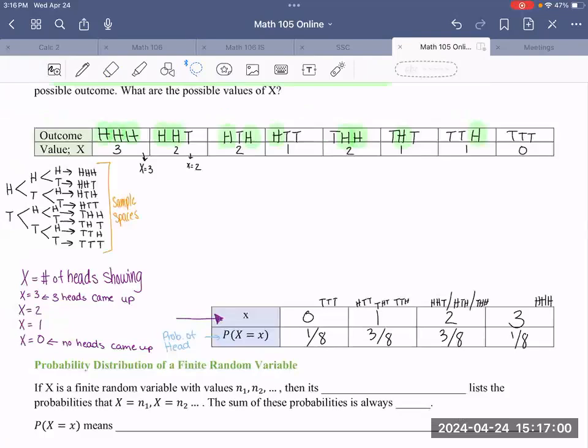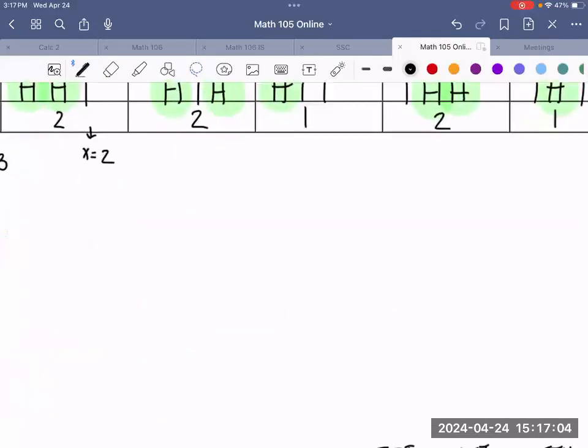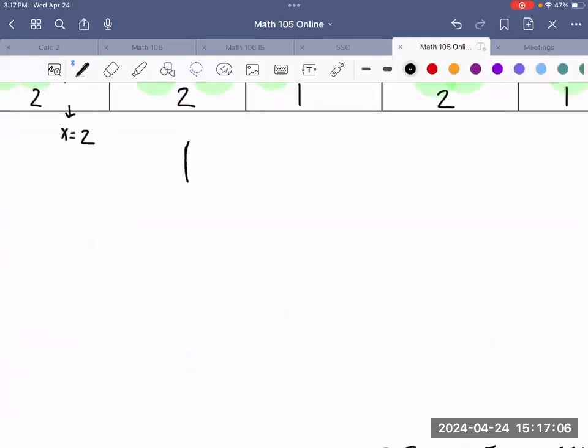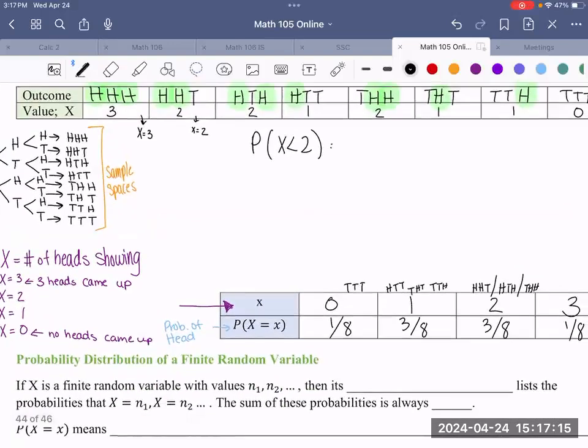All right, you made your probability distribution, and now we can answer a few questions. We want to know, what is the probability that X is less than 2? Well, that means the probability of getting less than 2 heads, right?